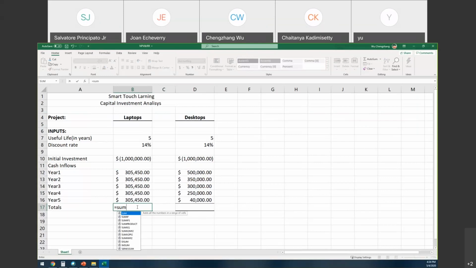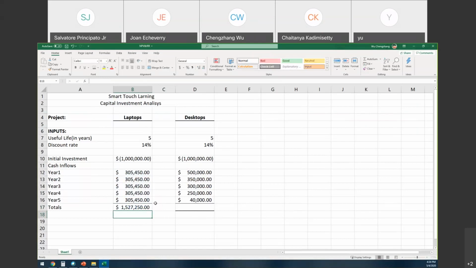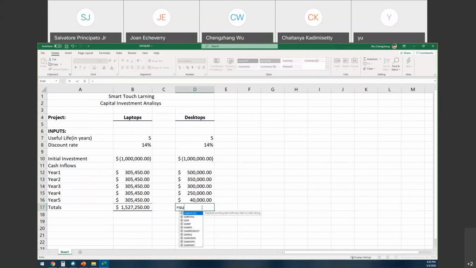So to sum all numbers in this area from B12 to B16, that is the sum of the cash inflow in the 5 years of the laptop project. And we also use the same function to calculate the totals for the desktop project.